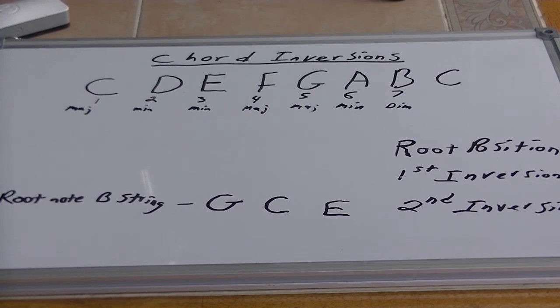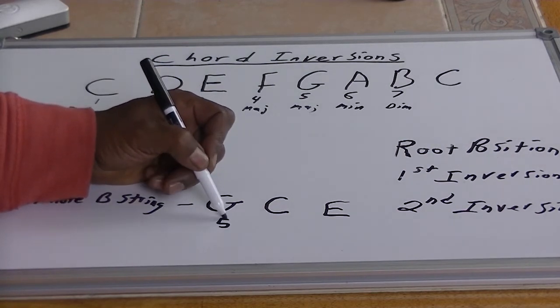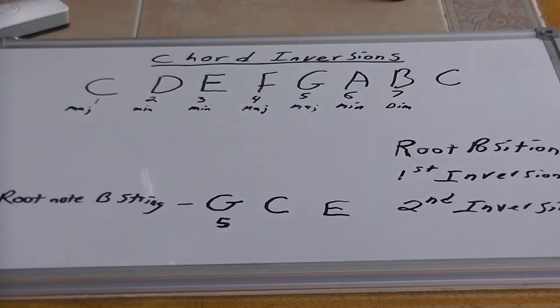And again, it's nice if you can remember that it's a second inversion, but what I really want you to get your head around, and maybe apply a little bit of study to so you can really get this down, is that the note that we're playing on the G string is the fifth.